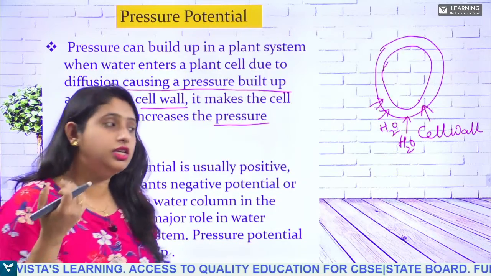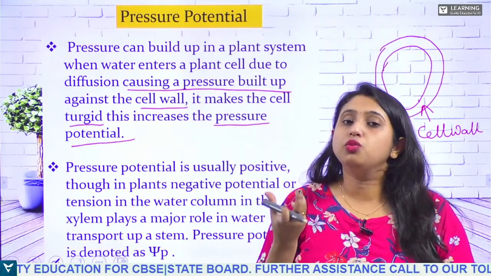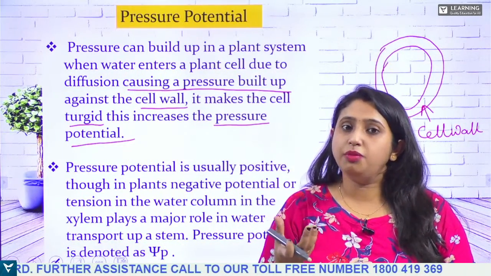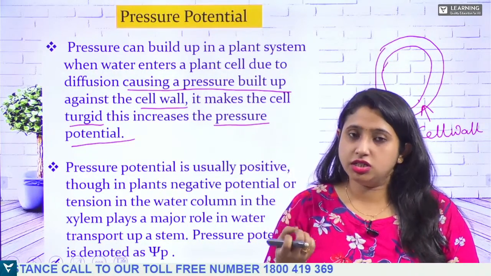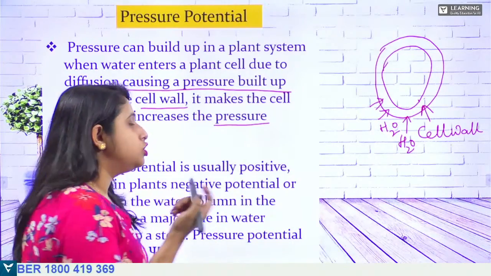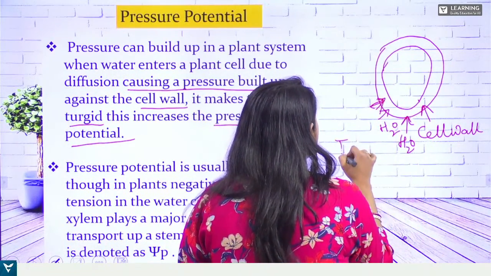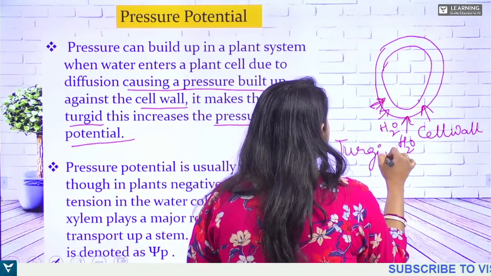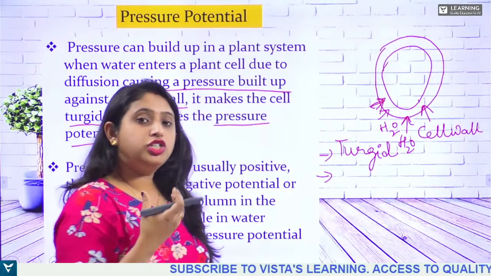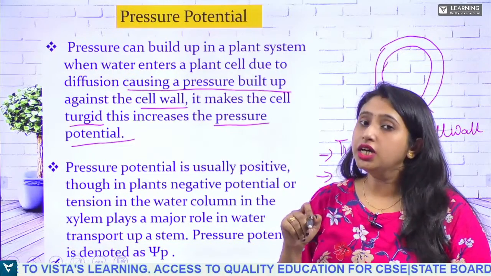So why does it swell up? It is because the raisin absorbs water from the outside and the pressure builds up in it, right? So it becomes turgid, it becomes rigid, right? Because of this, the cell becomes turgid, and the pressure potential increases.